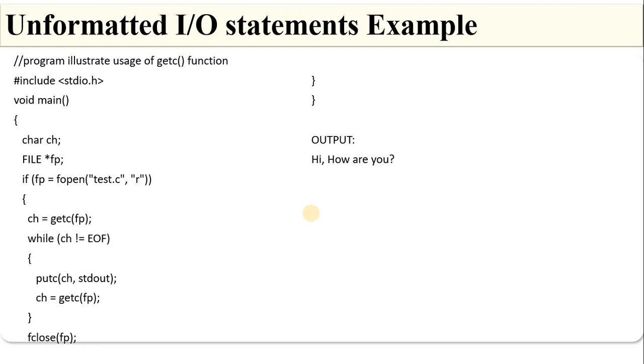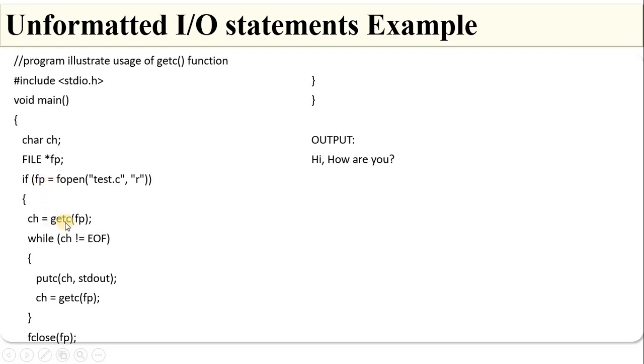Let's see an example that illustrates the use of the getC function. Here in the main function, we are opening a file test.c in read mode. The file pointer is fp.